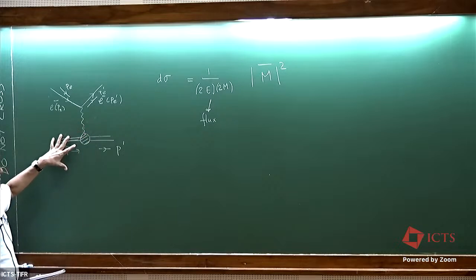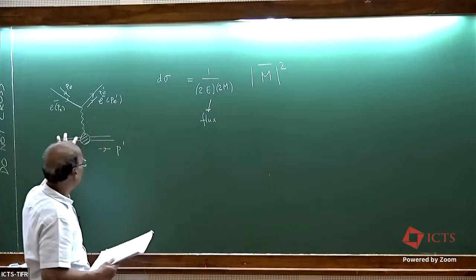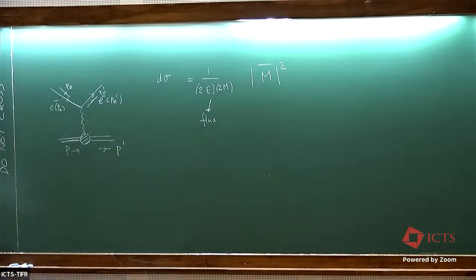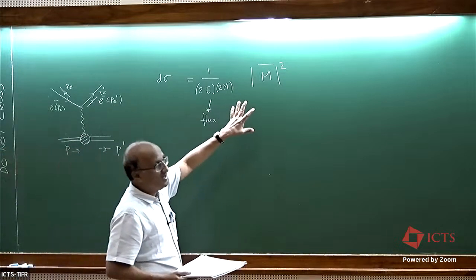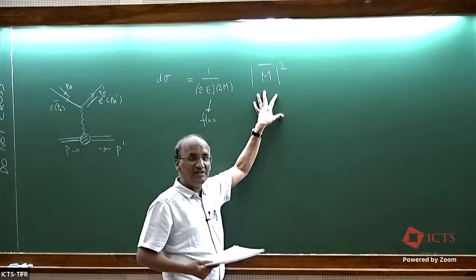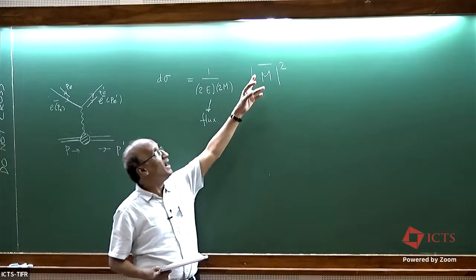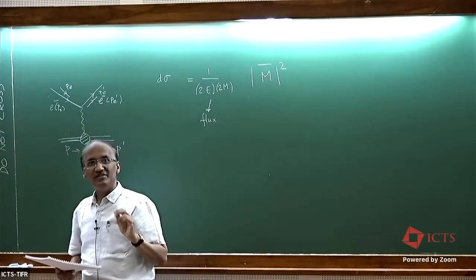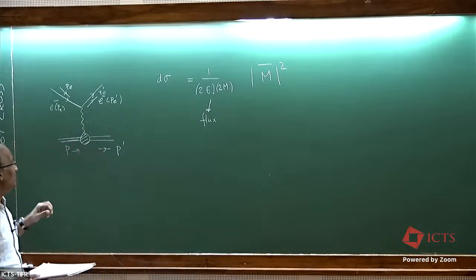But for this specific case, I'm considering the proton to be unpolarized. So the state that I prepared has an equal number of positively polarized and negatively polarized protons. So I need to sum over all the polarizations and average. This bar means I'm doing this exercise of summing and averaging.